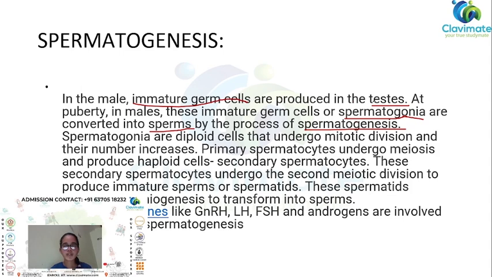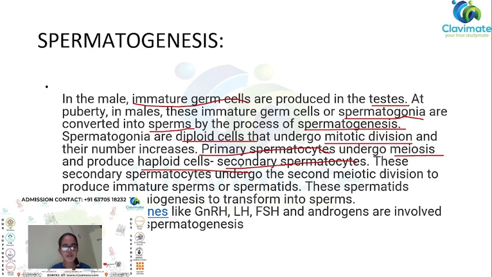Okay. So spermatogonia, the immature germ cells, are usually diploid cells. They undergo mitotic division, so the number increases. The first division forms primary spermatocytes, which undergo meiosis and produce haploid cells, called secondary spermatocytes.